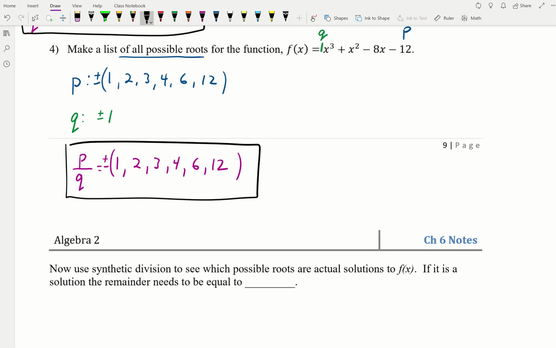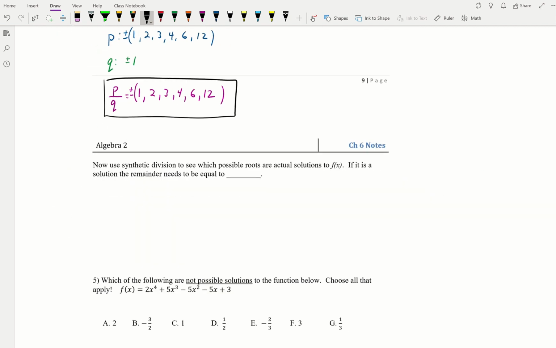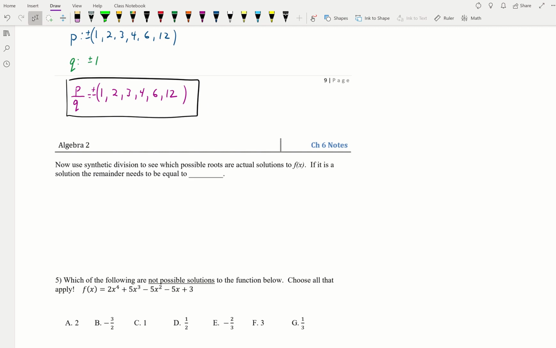All right, now we're going to take this to the next level. Now we're going to use synthetic division to see which of the possible roots are actual solutions. And there's a little reminder here. It says if it is a solution, the remainder needs to be equal to 0, because that means that it divides evenly into it.